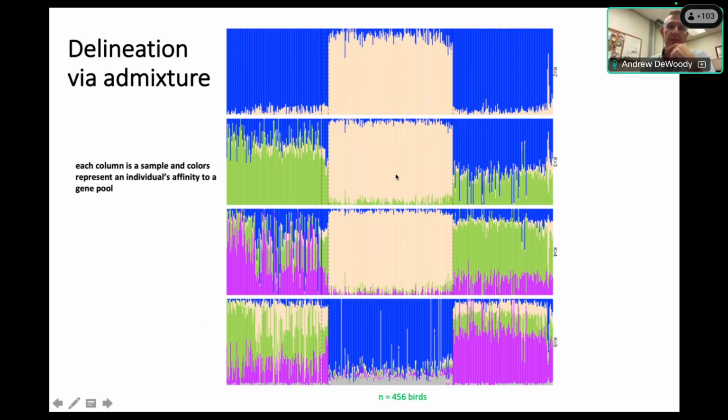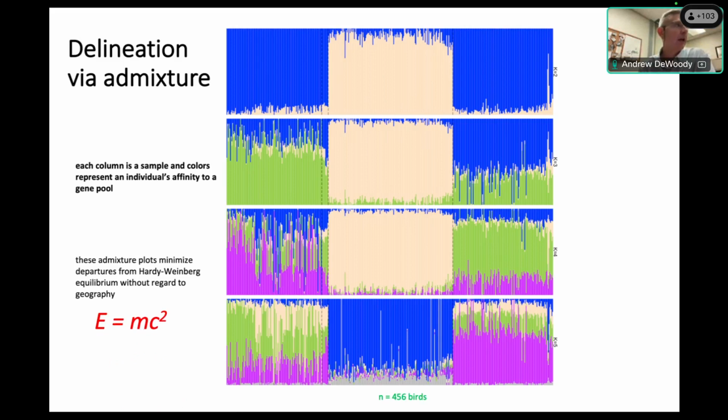And here's where we would have three different ones, four different groupings, five different groupings with the same number of birds. And this approach is totally ignoring the geographic location information associated with each individual. So it only has the genomic information to try and put everything together. And I'm not going to go into the details of how it works, but everybody's familiar with the mathematical model of E equals mc squared, where energy is equal to the mass of a particular matter times the square velocity of light.